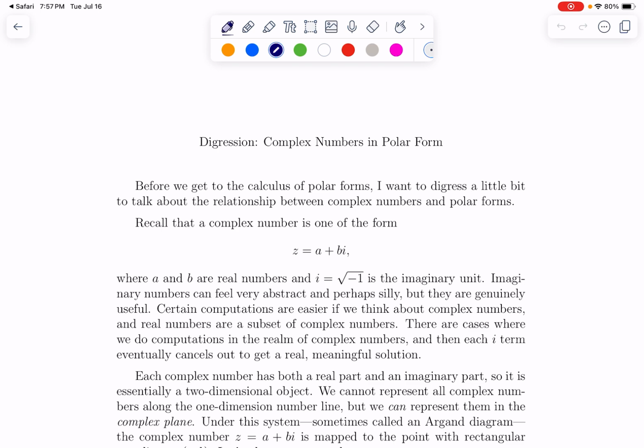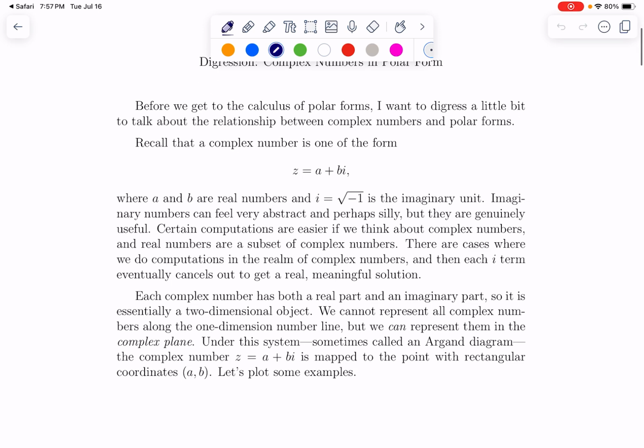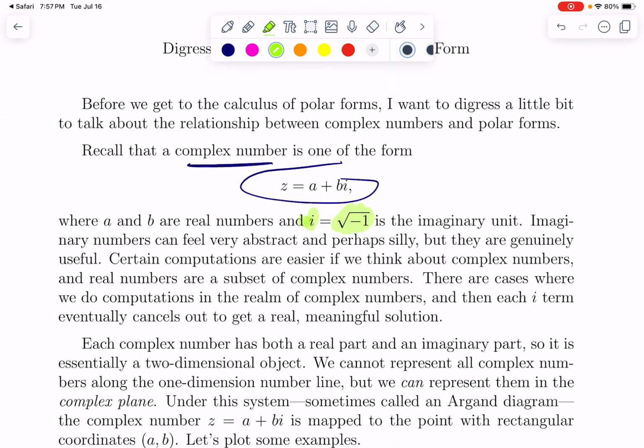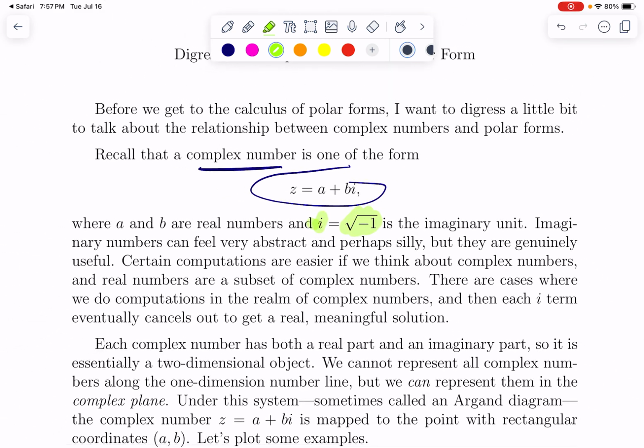very fascinating results. So let's just remind ourselves that a complex number is one we can write like this. We will recall that i is our name for the square root of -1. That's called the imaginary unit. Right? There's no real number with this property, but we invent this imaginary unit, sort of the imaginary version of the number 1.